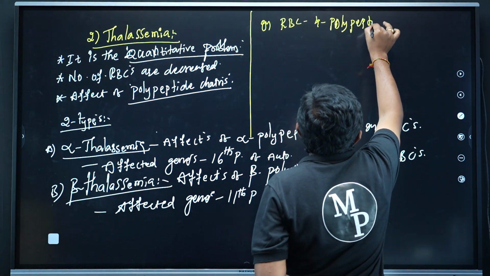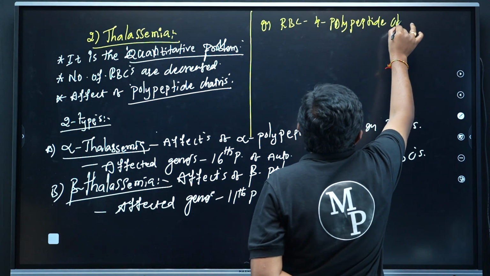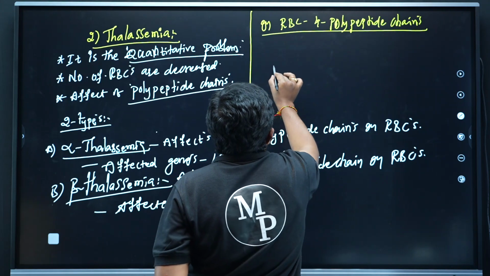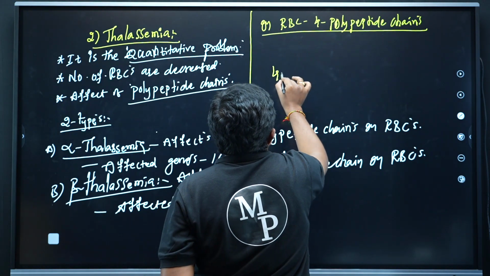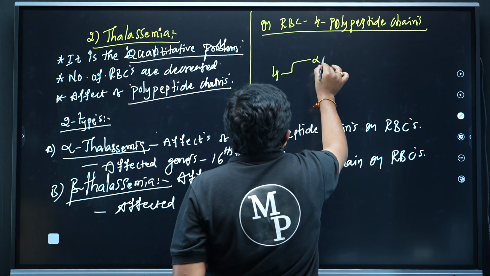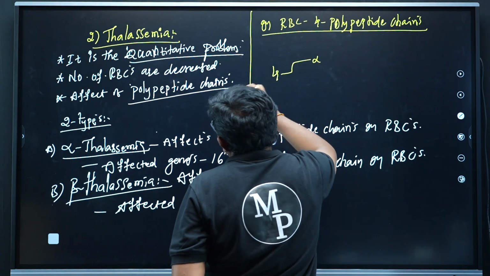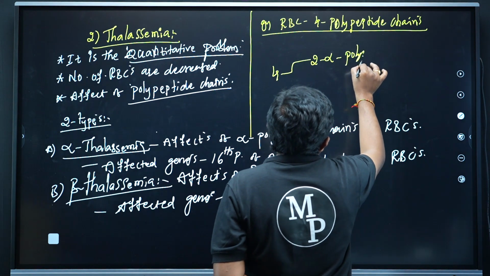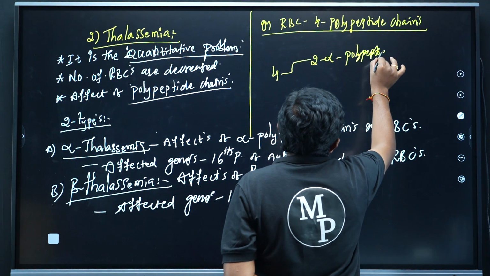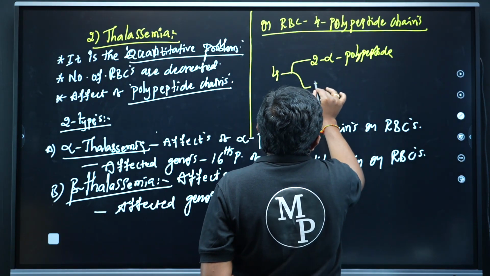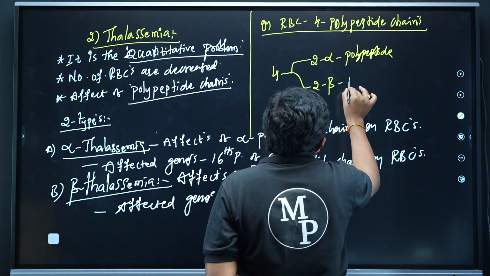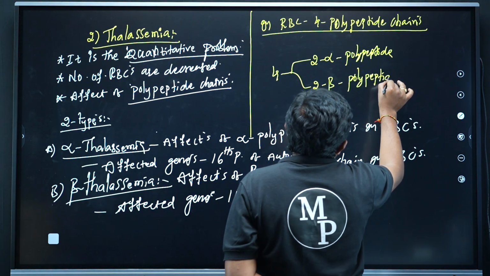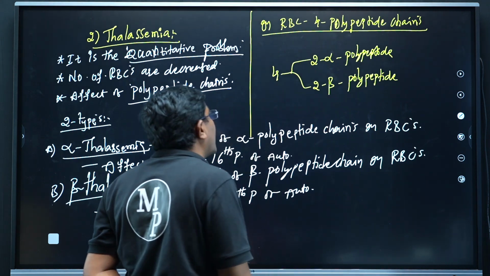In these 4 polypeptide chains, 2 are the alpha polypeptide chains and 2 are the beta polypeptide chains.